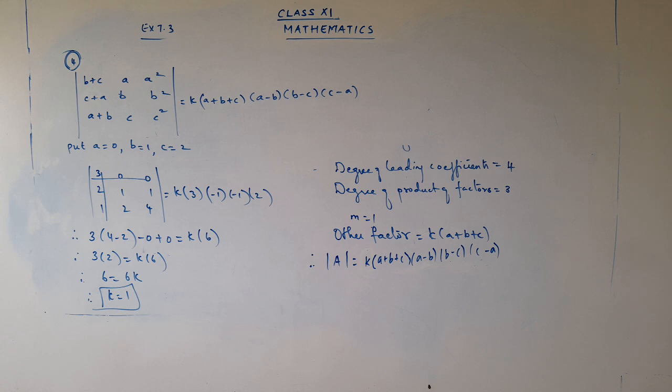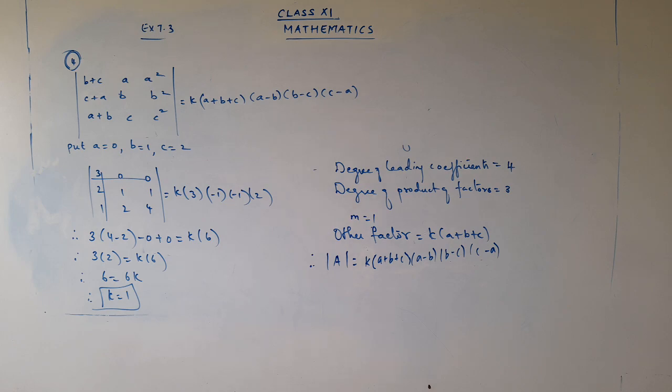Then we have just substituted the values a as 0, b as 1 and c as 2, and we get the value for K as 1. So the value for K is equal to 1.